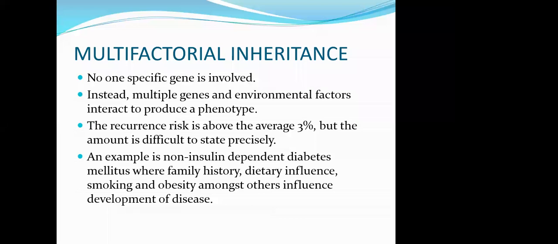But if you modify your diet, avoid smoking, or avoid a sedentary lifestyle, then you may not get this diabetes mellitus despite there being some genes involved. This is the so-called interplay between genes and environment, and this is what is referred to as multifactorial inheritance.